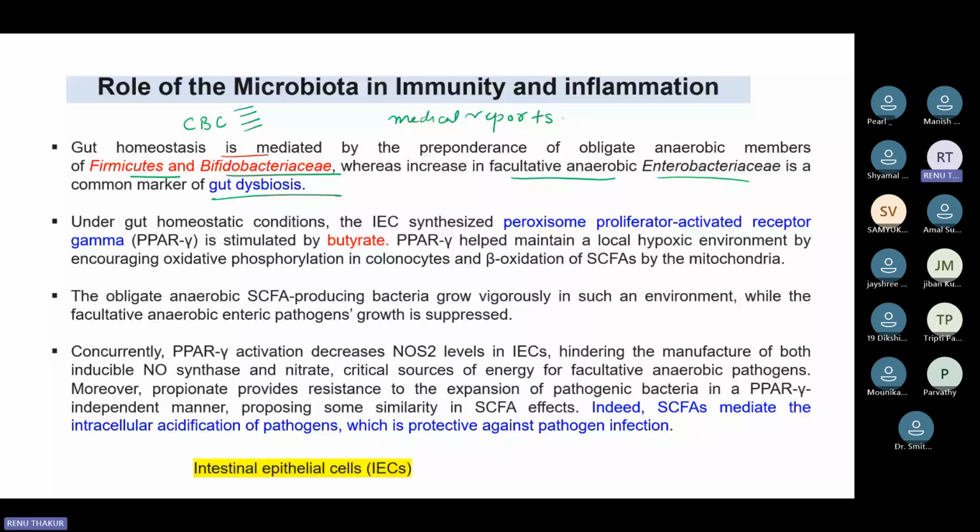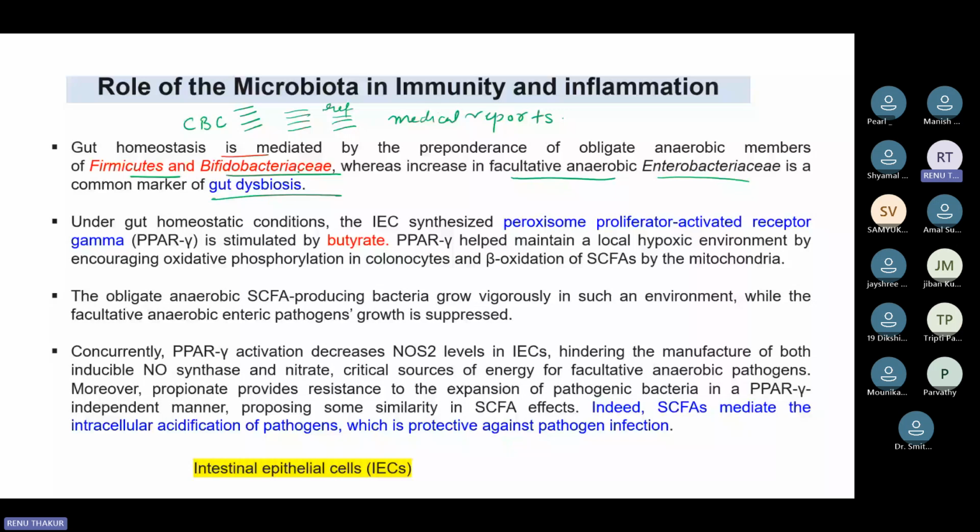So if the concentration or composition of Enterobacteriaceae increases, it is a common marker of gut dysbiosis. And if it is only Firmicutes and Bifidobacteriaceae, then it is a marker that the gut is healthy. You should know the terms facultative and obligate.